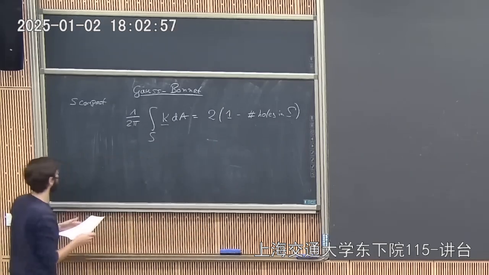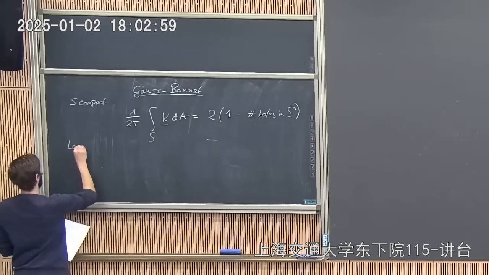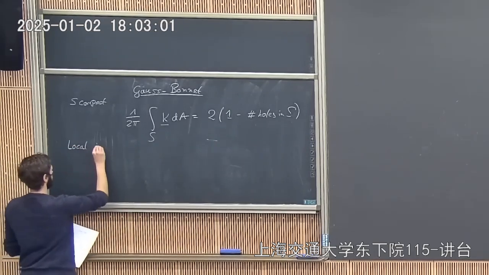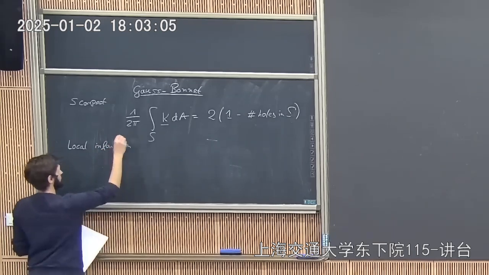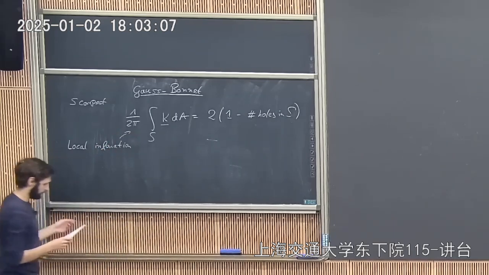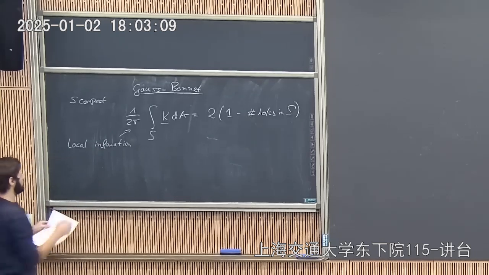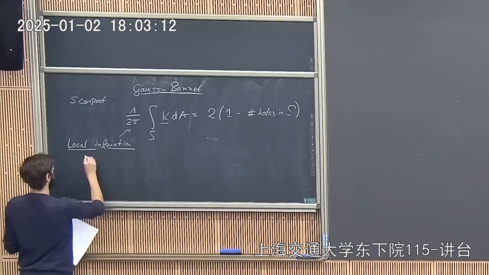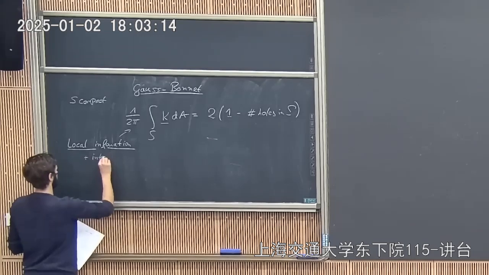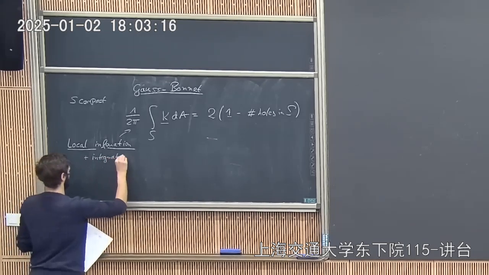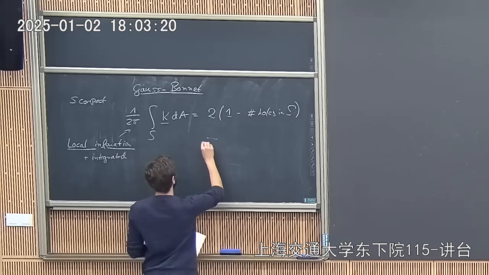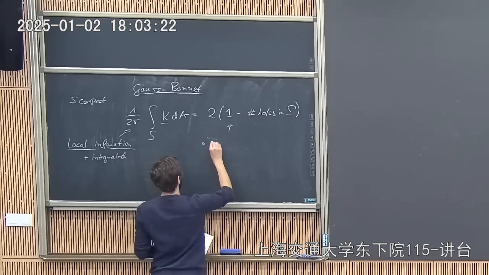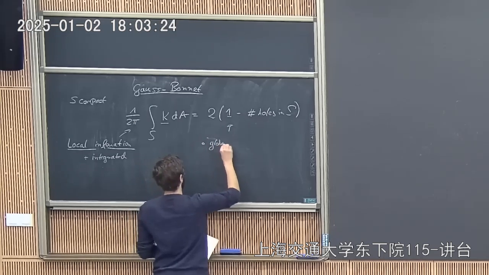So that's the first, perhaps a little bit surprising thing: the left-hand side is local information, which is then integrated, while the right-hand side is completely global.